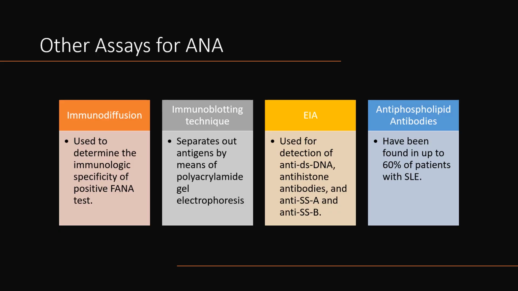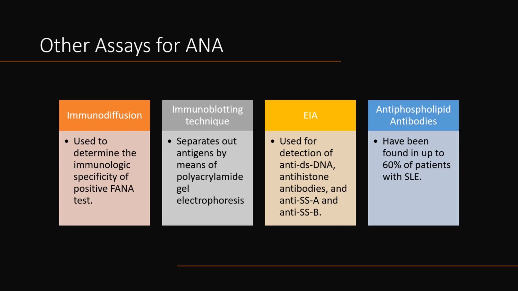Well, there are other assays for ANA, namely we have immunodiffusion, which is used to determine the immunologic specificity of a positive FANA test, or the fluorescent anti-nuclear antibodies. We have the immunoblotting technique, which separates out antigens by means of polyacrylamide gel electrophoresis.